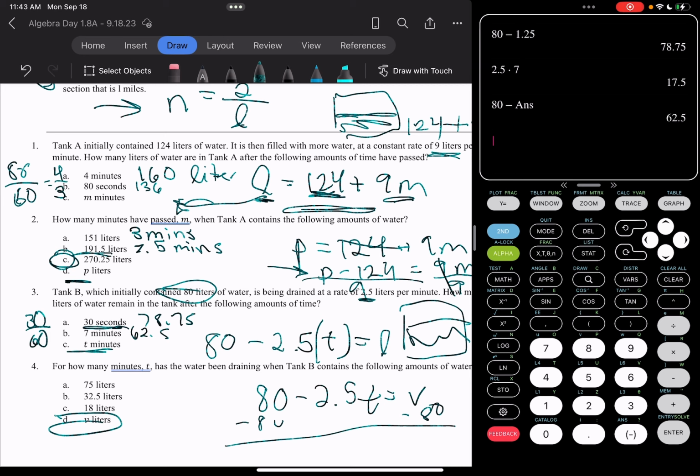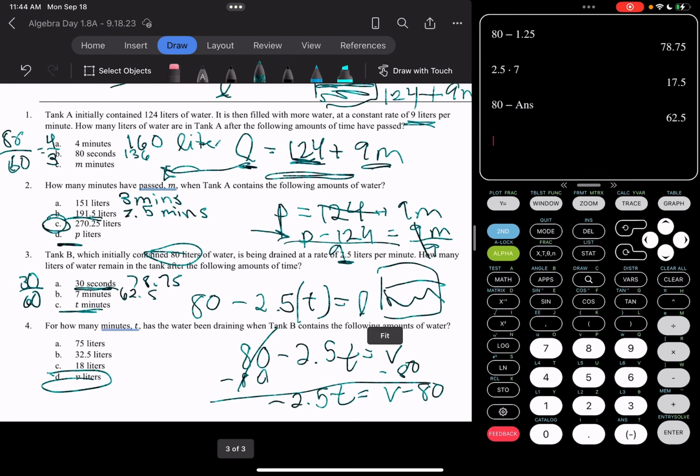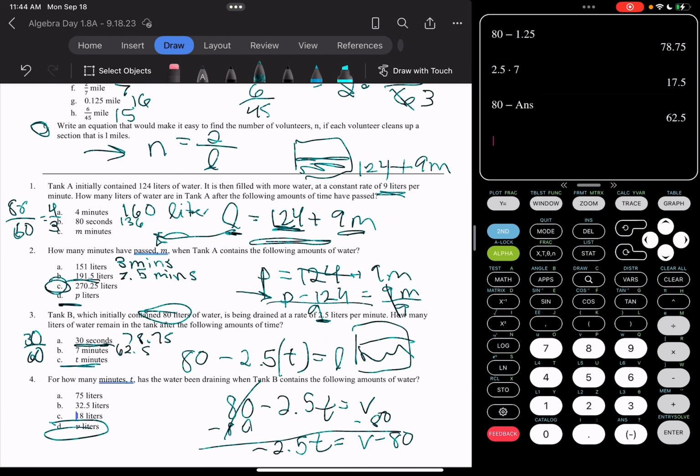So 80 minus 80 is 0. We get negative 2.5t equals v minus 80. And then we can divide both sides by negative 2.5. And now we have the time that that's going to take.